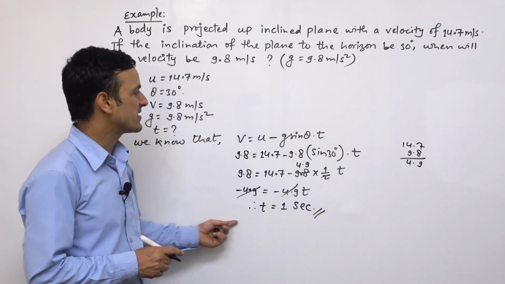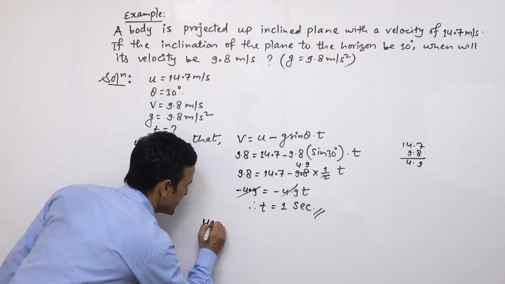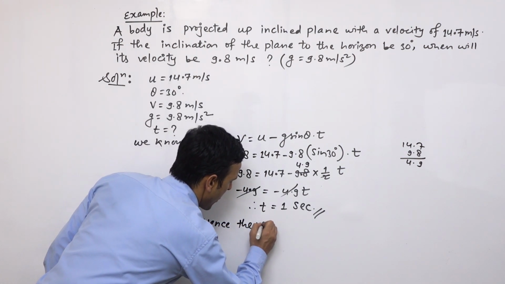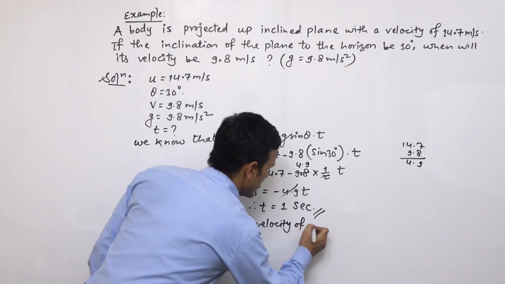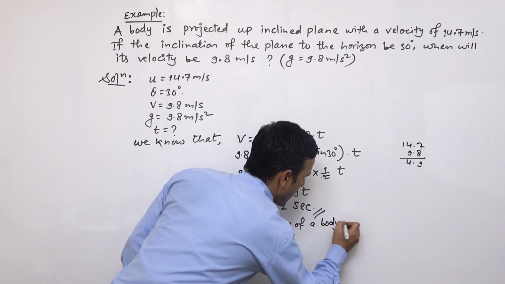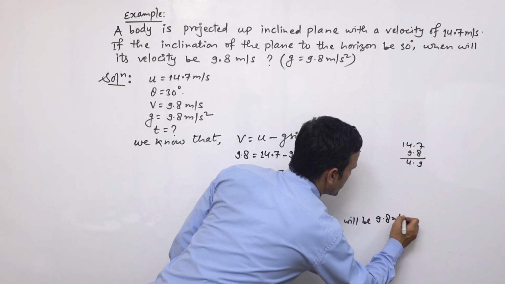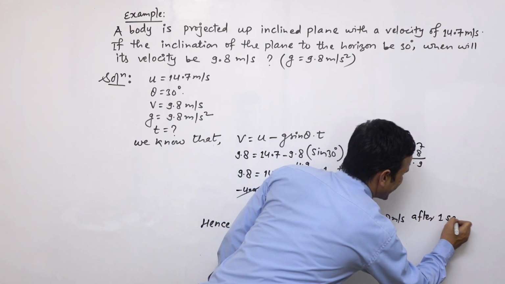So this is the required time. So write down, hence the velocity of a body will be 9.8 meter per second after 1 second.